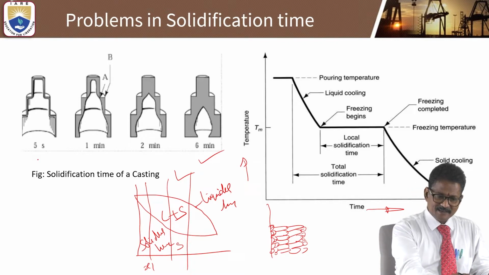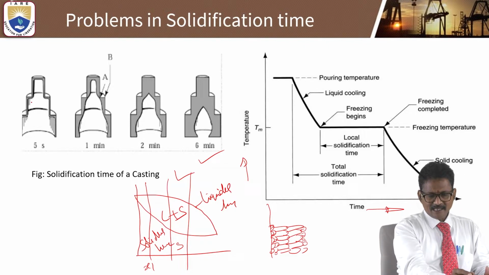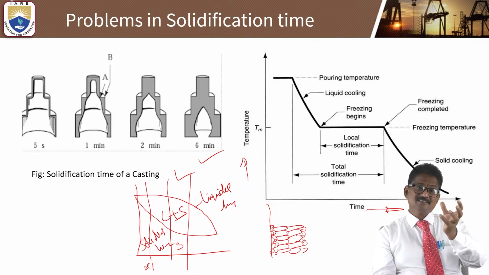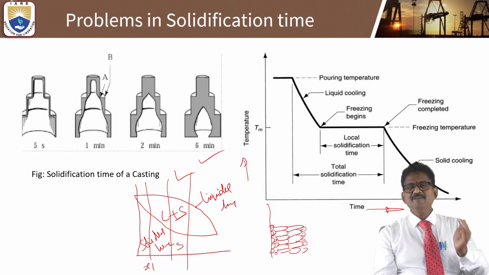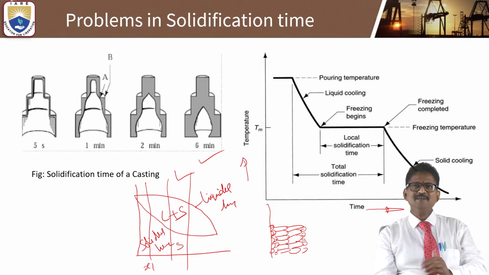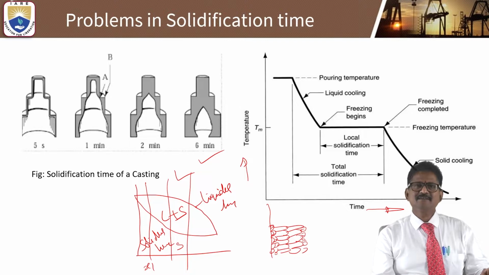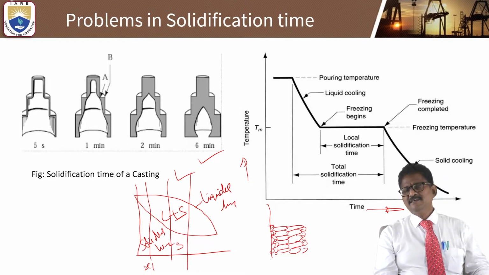And if 5 seconds is given, you can see the comparison of the components with solidification time or quenching, versus normal cooling. Obviously, as the cooling is increased, you can see a clear-cut structure of the metals and castings. This is how the solidification time can be calculated in any type of process, and we'll discuss that in detail in another case study problem.